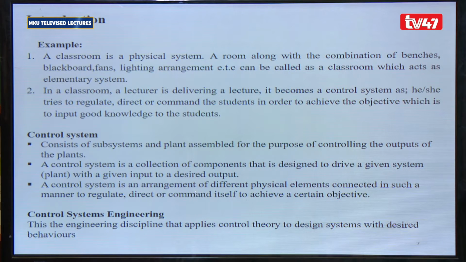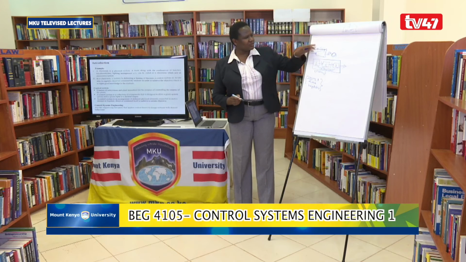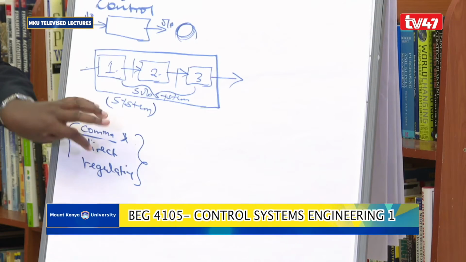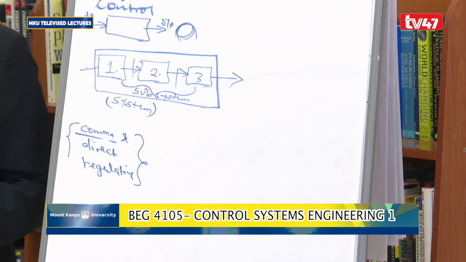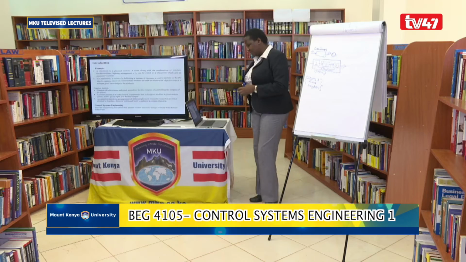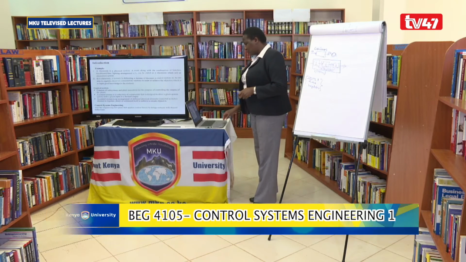But the simplest definition of a control system, which you can never forget, is that it is an arrangement of different physical elements connected in such a manner as to regulate, direct, or command itself to achieve a certain objective. So these terms, command, direct, and regulate: the control is trying to command, direct, or regulate these systems or subsystems. That is the simplest definition of a control system.